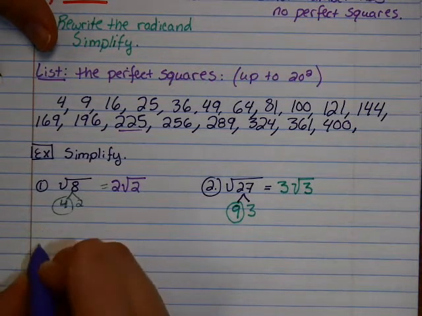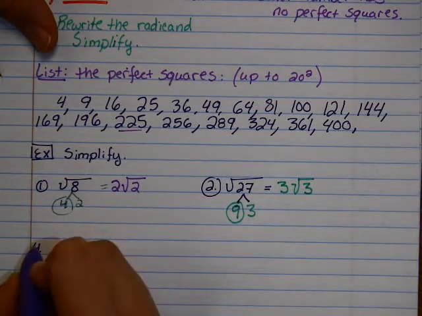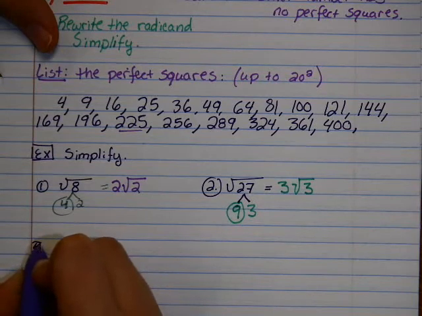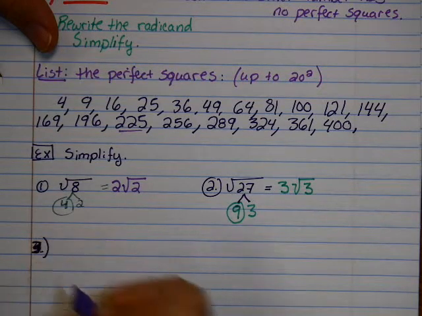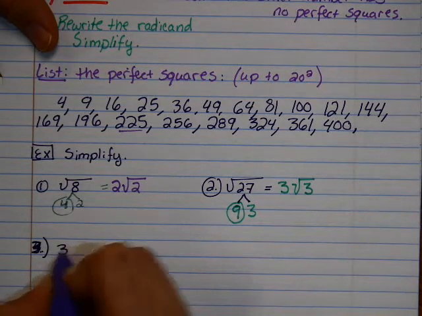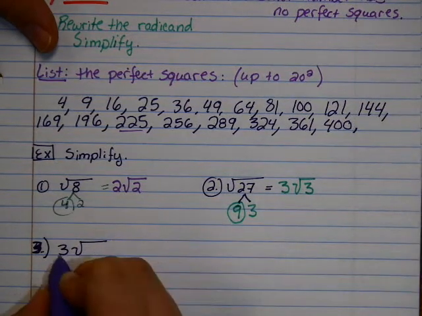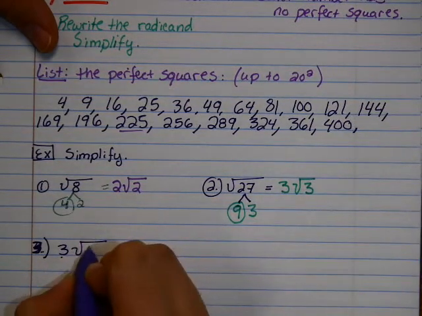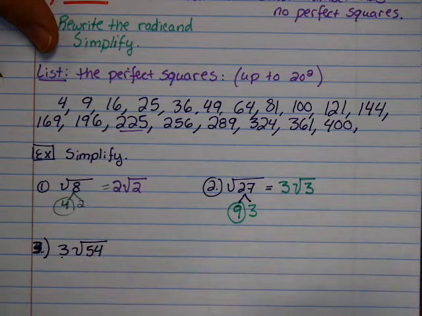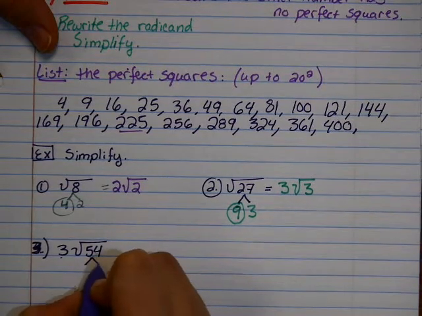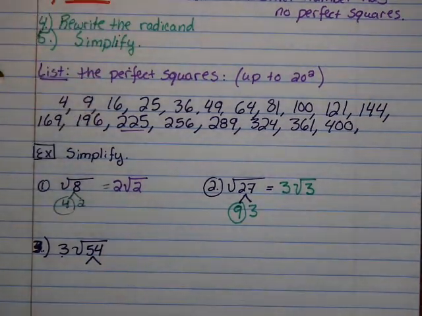Alright, let's try another example. Number 3. This time, let's simplify a product. So this time I have a number times a radical. Okay, so 54, a perfect square that goes into 54.